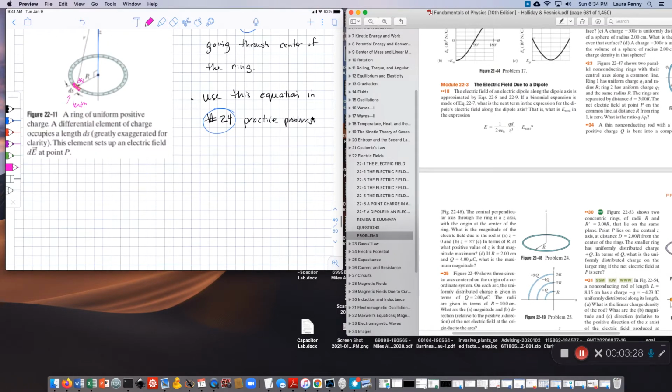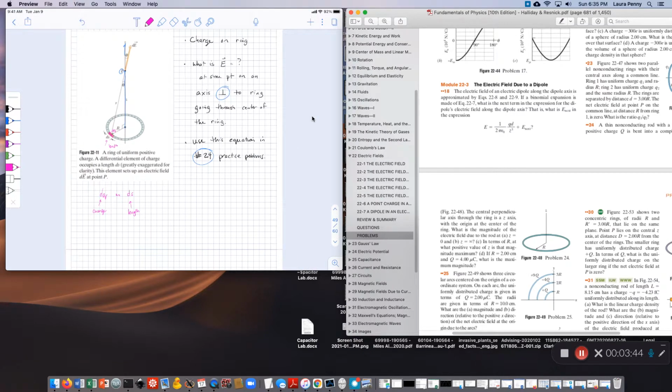So there's a dq on little segment ds. This is a very small amount of charge on a very small length. And it's going to produce a dE, the amount of electric field being produced out here.